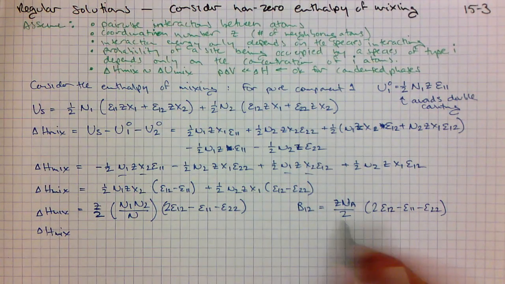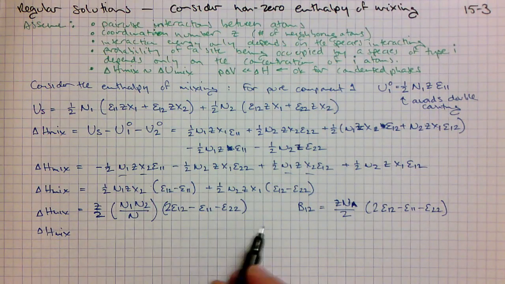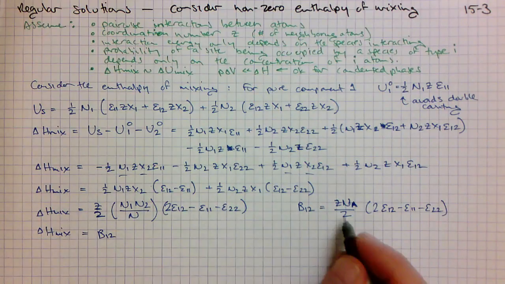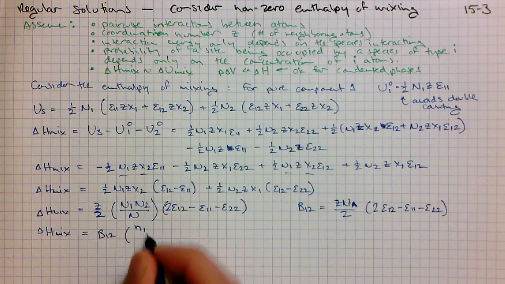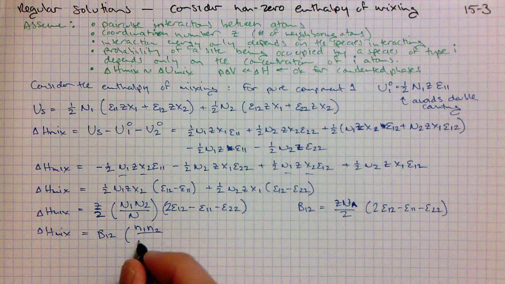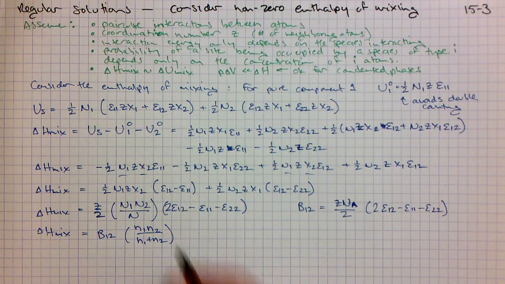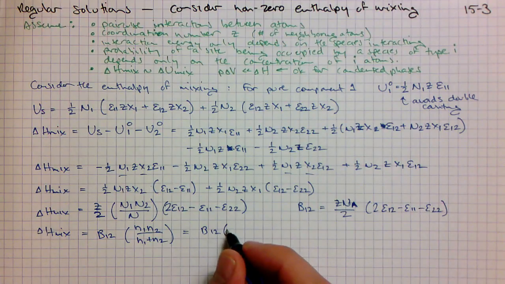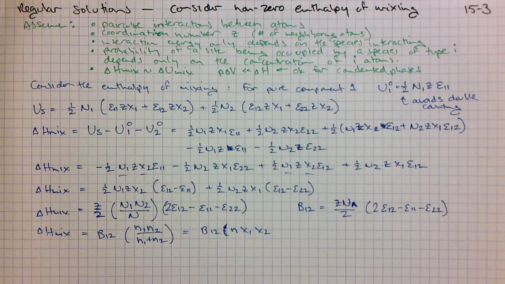So this is just an empirical constant. And then we can say delta H mix is just equal to B12 times the number of moles of 1 times the number of moles of 2 over the number of moles of 1 plus the number of moles of 2. Or in other words, B12 times total number of moles times x1 times x2.